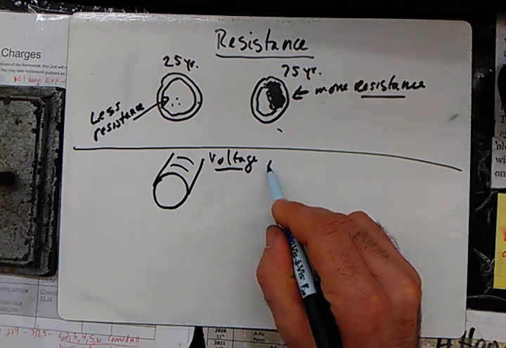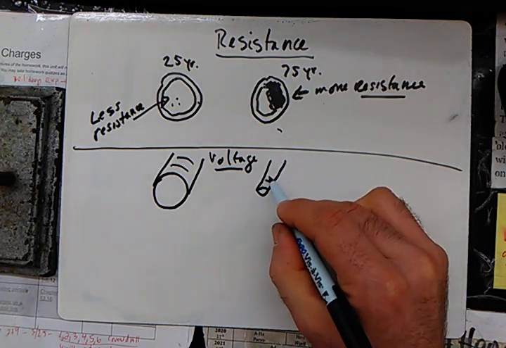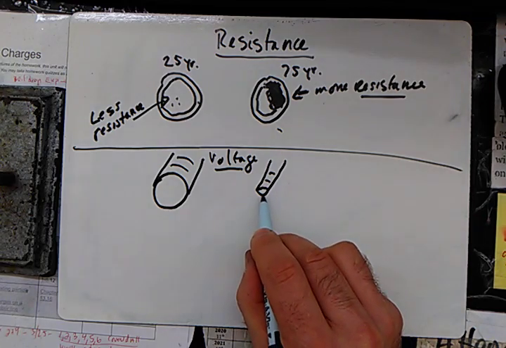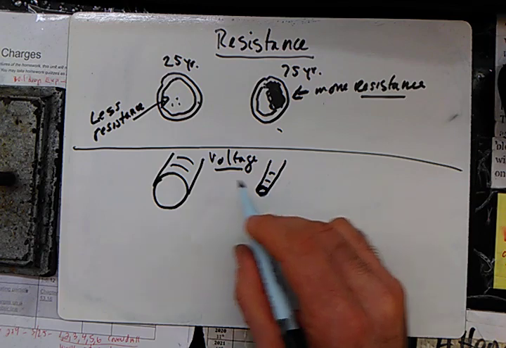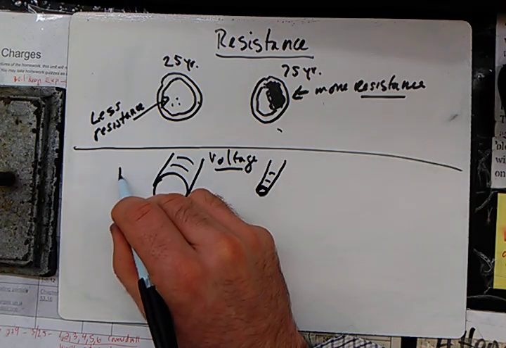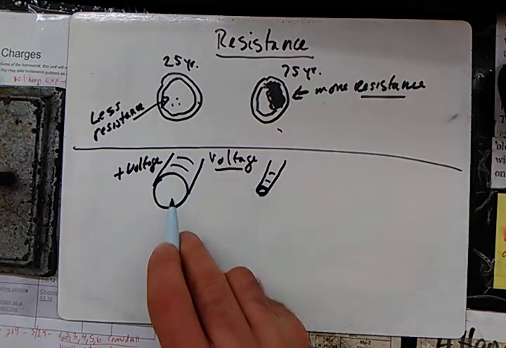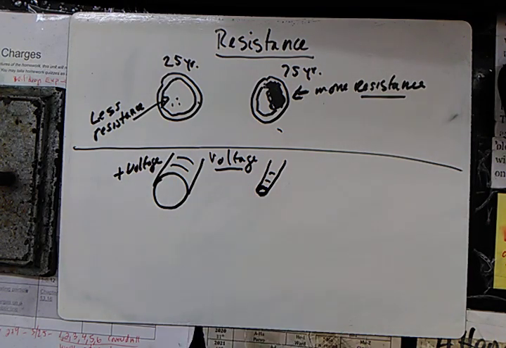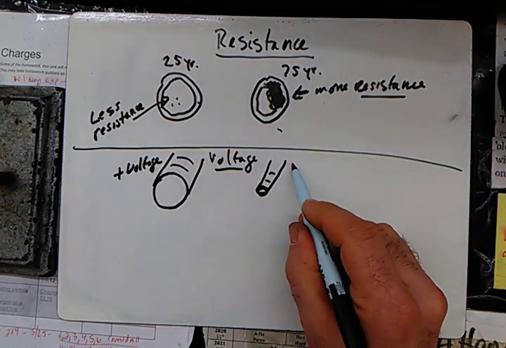Okay, the cross-sectional area of this pipe, this one doesn't have so much potential for water flow. So we'll say the voltage is high here. Okay, the potential for electricity to flow through that is high.